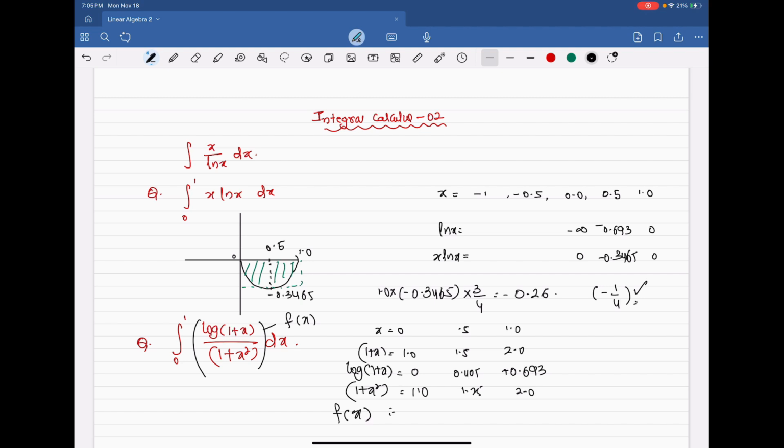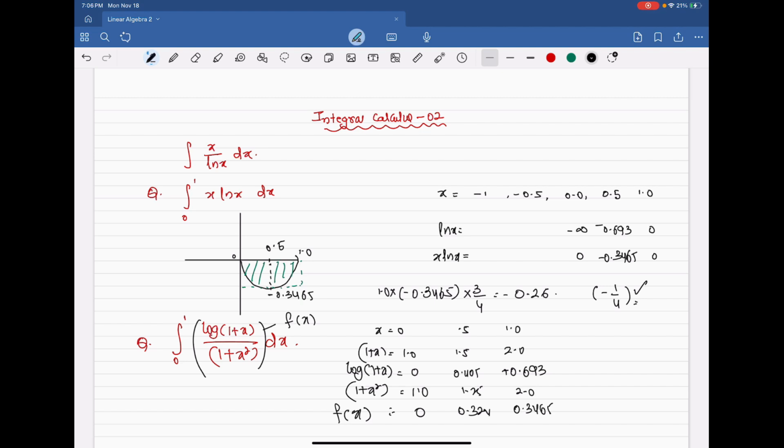Log 1 plus x, that is 0, divided by 1 is 0, when x is equal to 0. Then when x is equal to 0.5, log 1 plus x is 0.405, and 1 plus x square is 1.25. 0.405 divided by 1.25 gives 0.324. Please cross check from your calculators or your regular arithmetic. Log 1 plus x is 0.693, divided by 1 plus x square, which is 2. Then what will be its value? 0.3465.